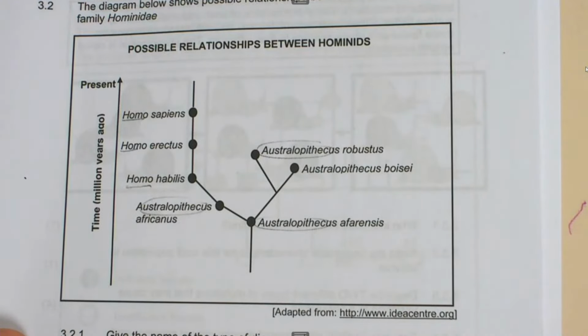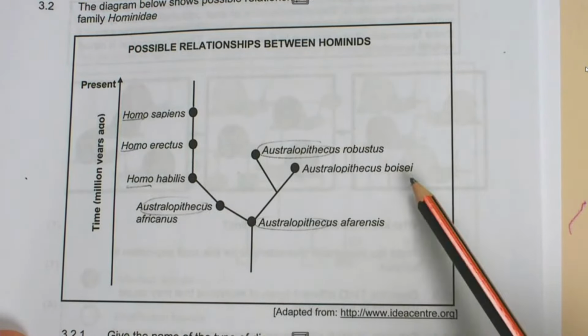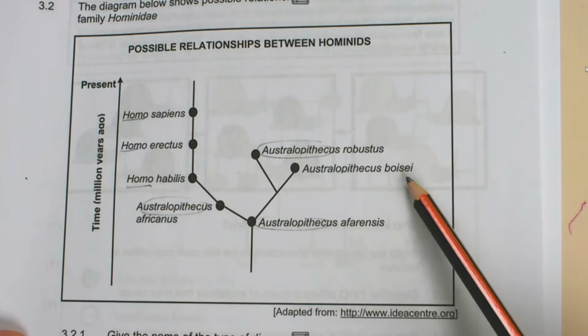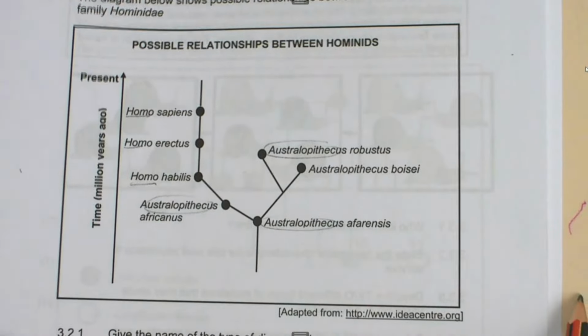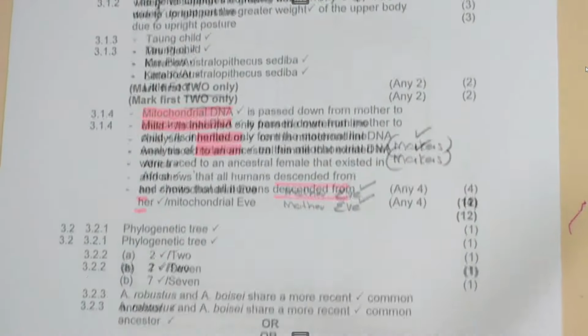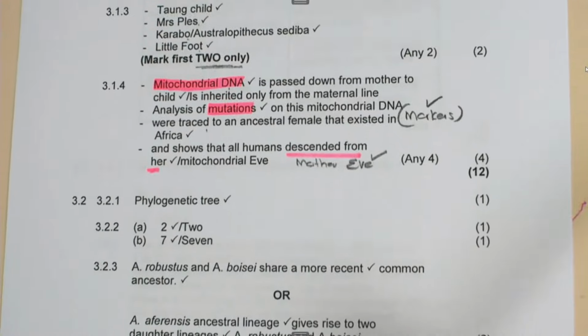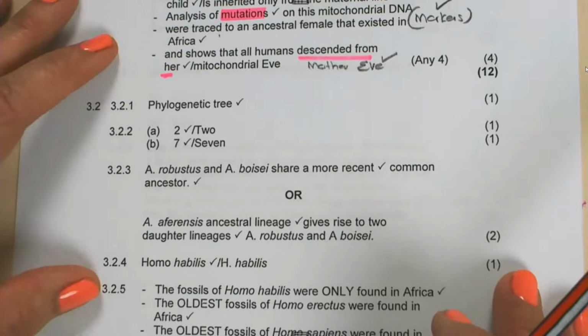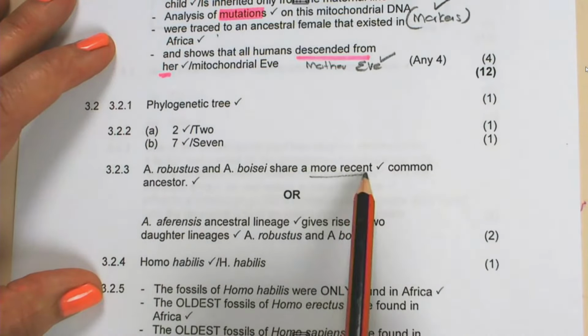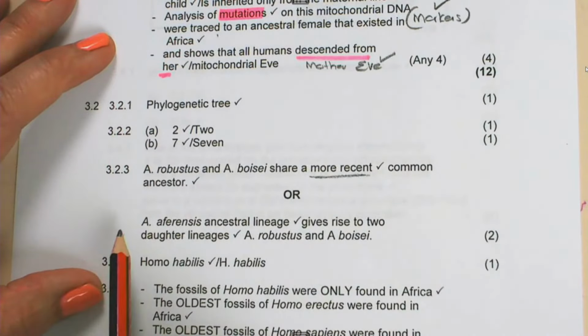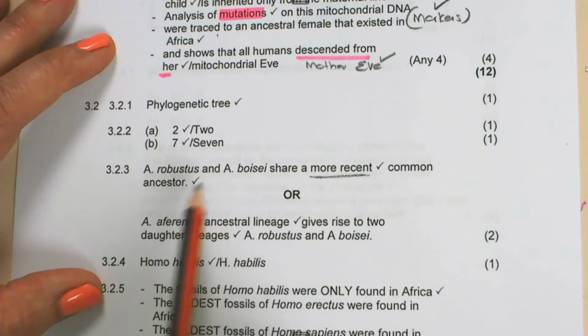Explain why Robustus and Bossii are more closely related than Bossii and Afarensis. In this case, we must indicate that Robustus and Bossii share a more recent common ancestor.